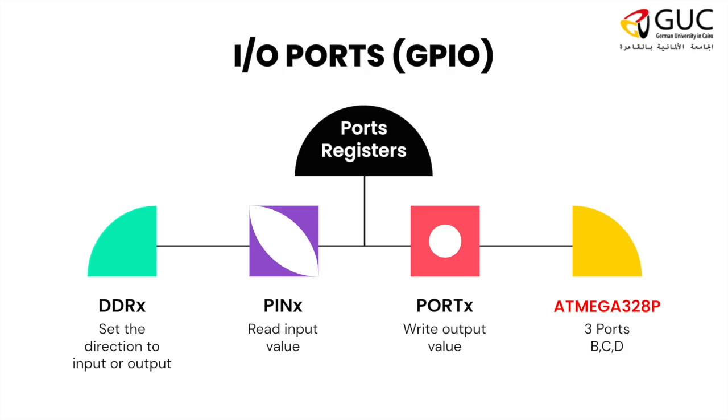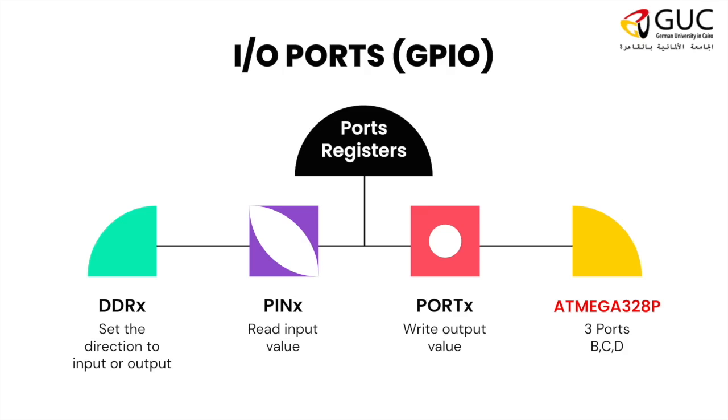So the DDR, which is the direction register, determines whether I'm going to set a certain pin to an input pin, meaning it is connected to a sensor, or to an output pin, meaning it is connected to an actuator. And take care, if I set a bit inside the DDR register to 0, this means it is an input pin. If I set a certain bit inside the DDR register to 1, it means it is an output pin.